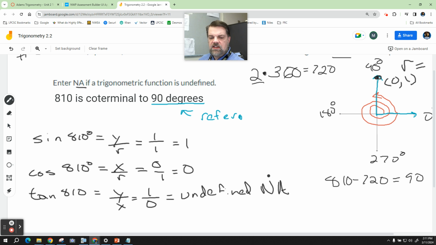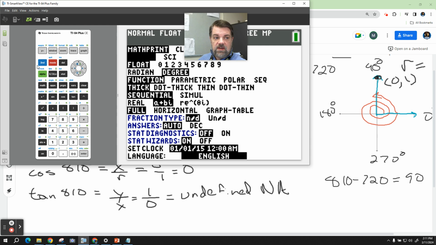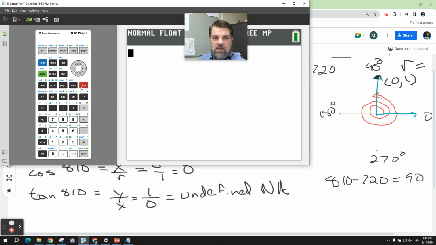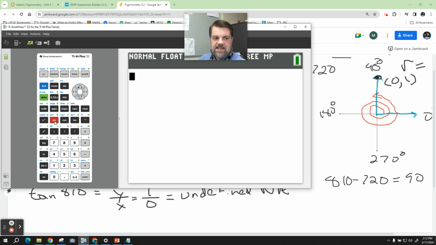And so we could check this real quick on our calculator before we do the rest of these. I'm just going to make sure I'm in degree mode. Click mode on my calculator. Degree is highlighted. Hit second quit to get out. And then I'm going to type in sine of 810 degrees. 1.